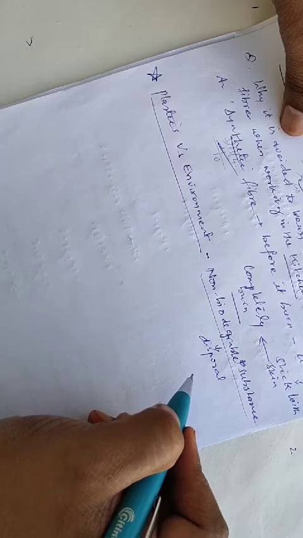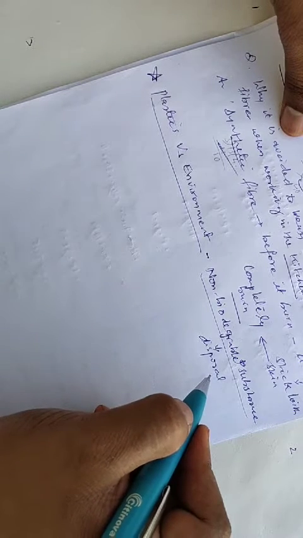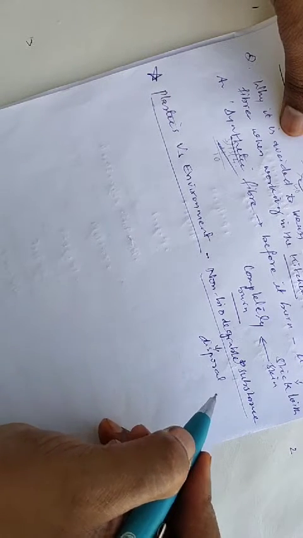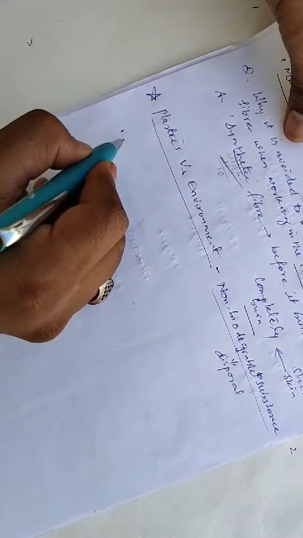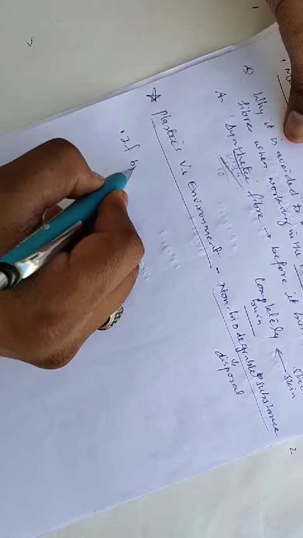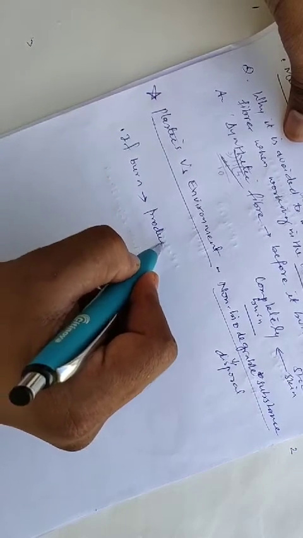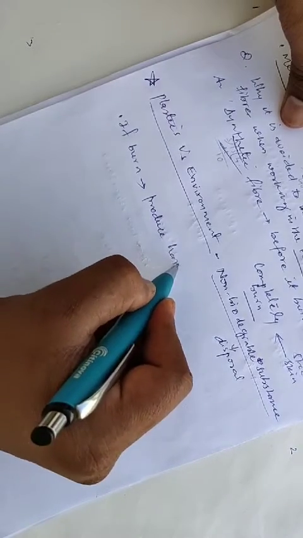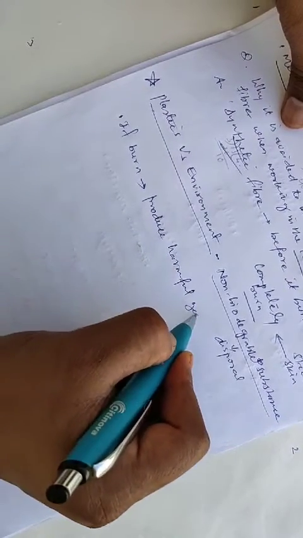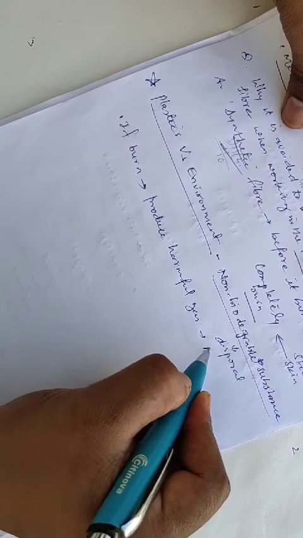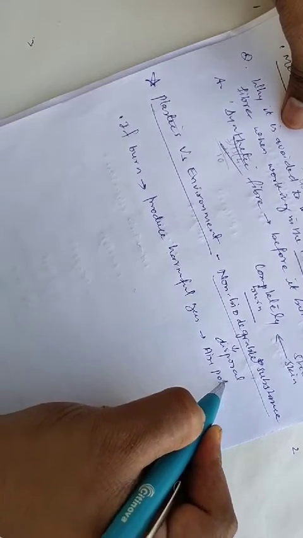Therefore, it is a big issue, though it has a wide variety of uses. For example, if we burn the plastic, what will happen? It produces harmful gases. Harmful gases will create air pollution.